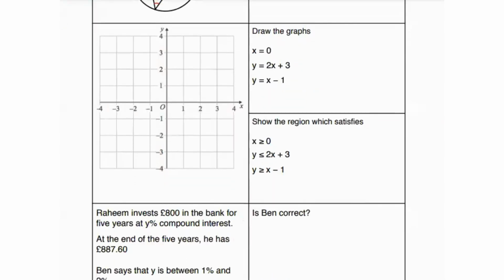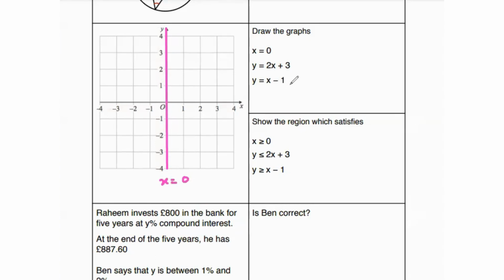Then it says draw the graphs of x equals 0, y equals 2x plus 3, and y equals x minus 1. So x equals 0 is going to be your y-axis. This is x equals 0.